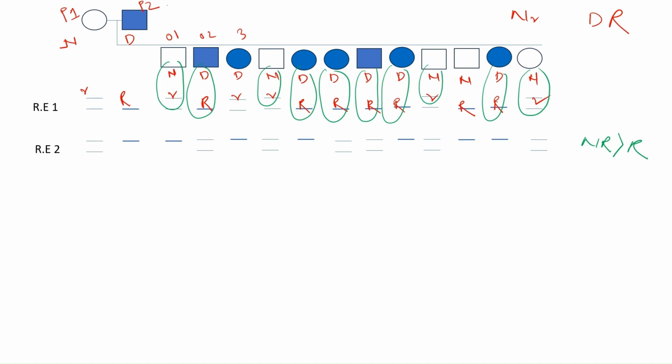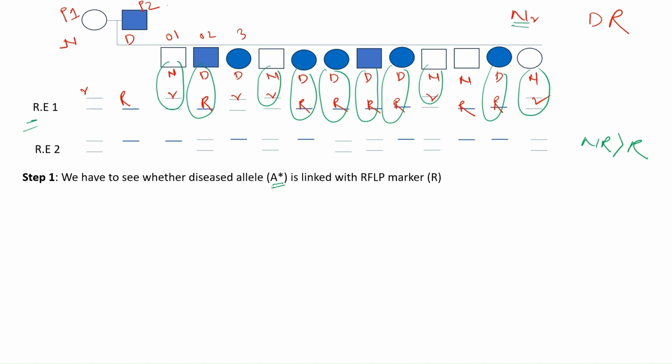So that means with restriction enzyme 1, this particular disease or disorder is linked. Likewise, you have to find for restriction enzyme 2 also. Correct? So step 1 is to see whether the disease allele is linked with the marker or not. Here, the diseased allele is shown by an asterisk, whereas I showed you with capital N. So whatever way you want, you can do.